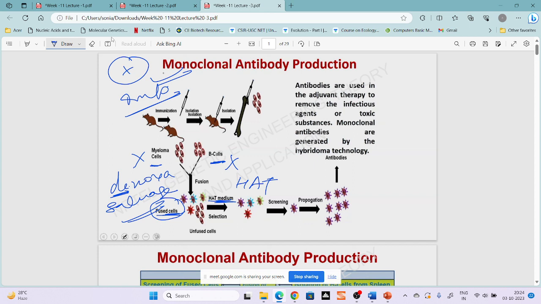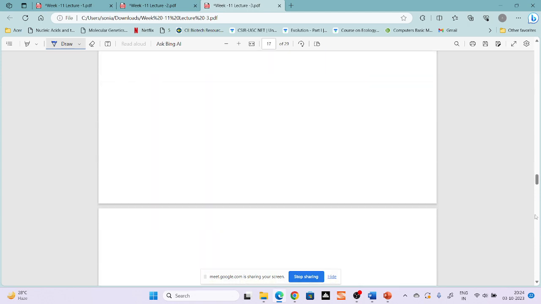Salvage means it is not from scratch; salvage nucleotide synthesis mostly occurs just to maintain the proper homeostasis of the body. So this HAT medium has hypoxanthine, aminopterin, and thymidine.